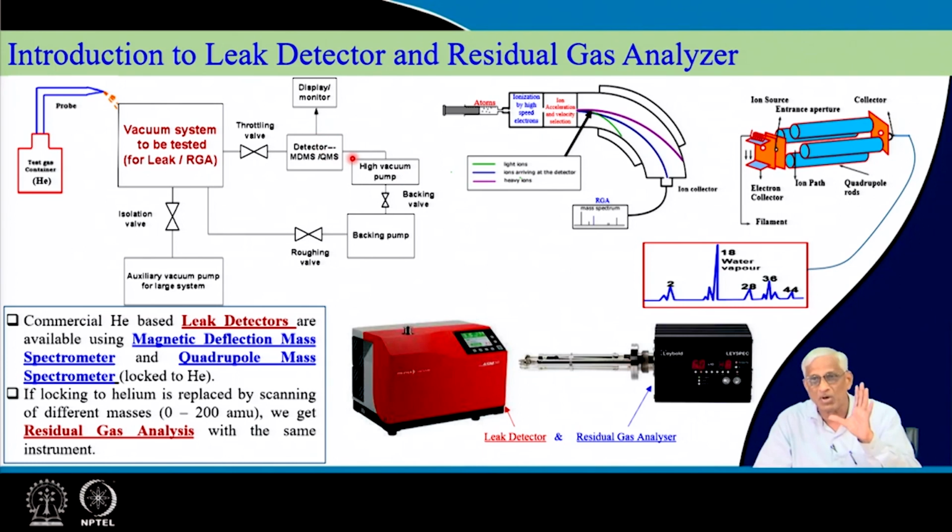After all, the detector is a small box and it is leak tight anyway, and these are electrical feedthrough connections, so this is not a part of the vacuum system. These things are already in good vacuum and these two valves are totally isolating the leak detector part from the rest of the system.